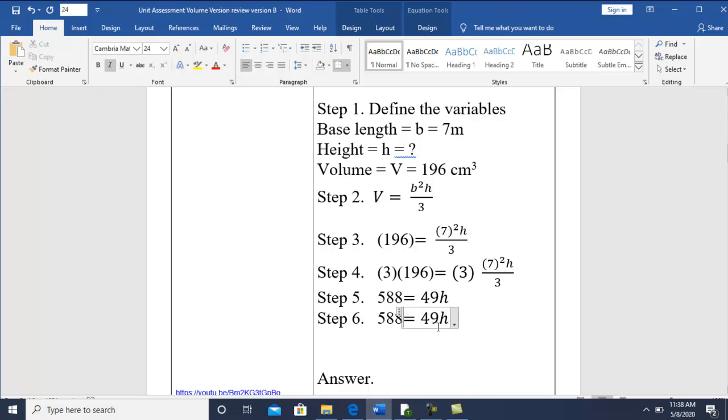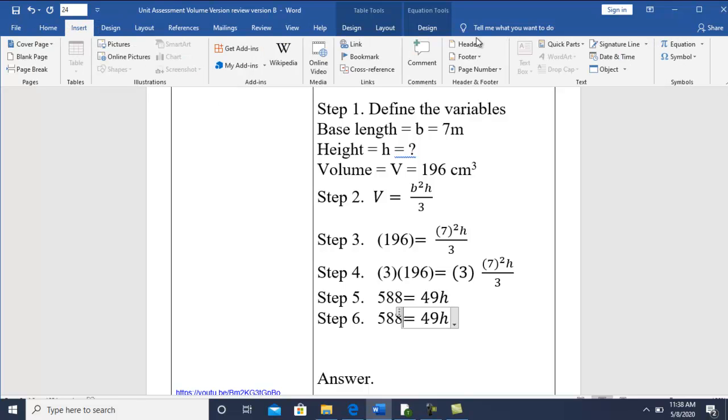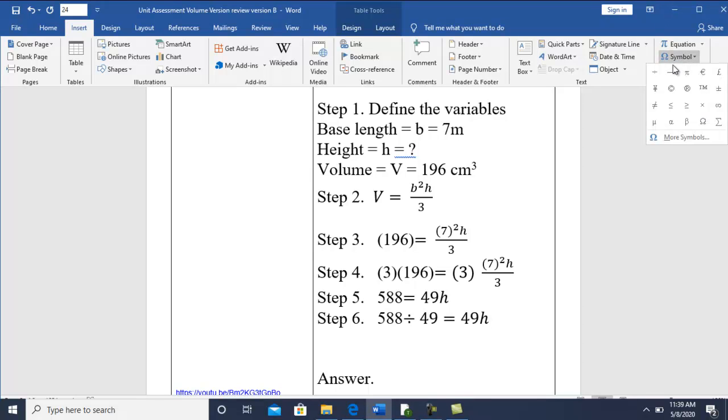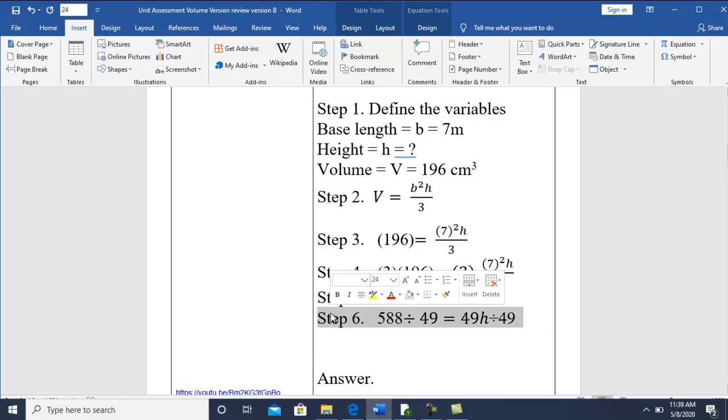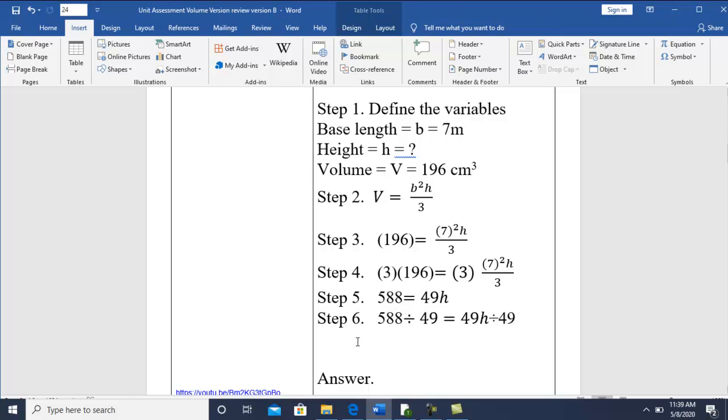The reason why I'm doing that is I want to get h by itself, so I want to know what h is. On the right side, we're just going to have h. So we're going to get our answer.